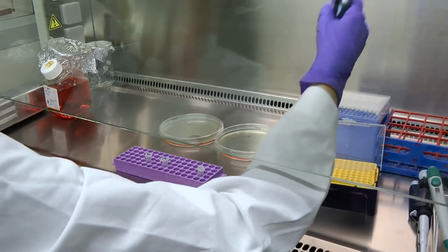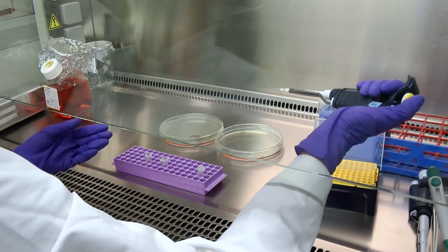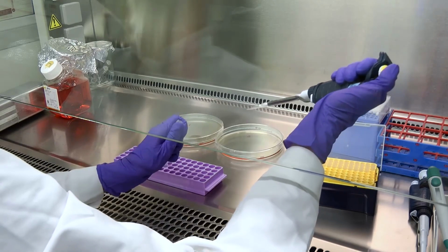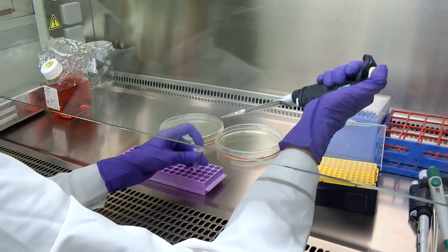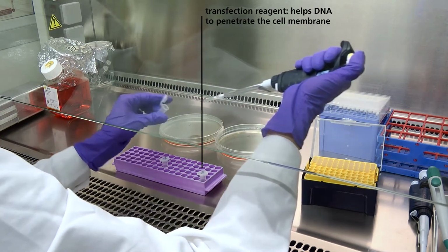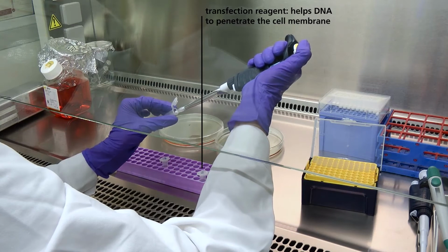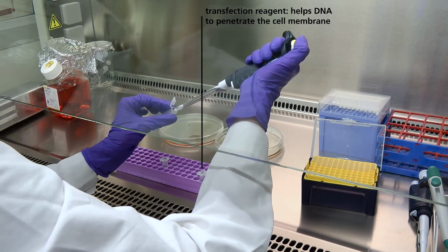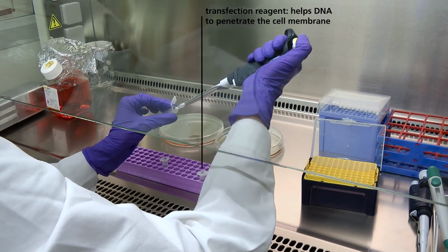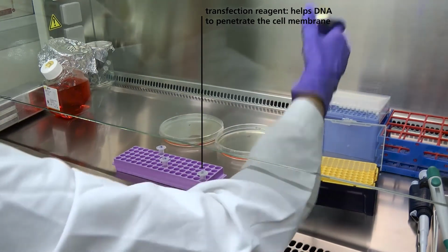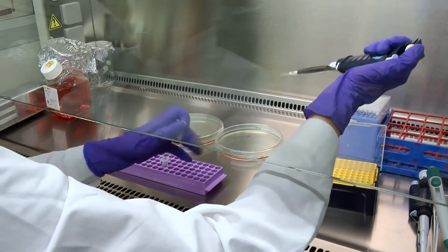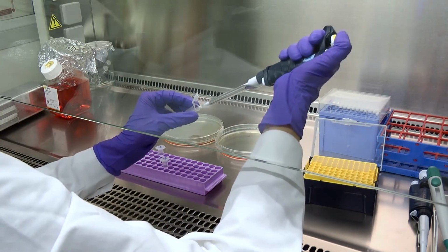So DNA cannot just go into the cell as it is, it has to be coated with a special reagent, with a transfection reagent. So I take a bit of it and add to the DNA sequence, to the DNA mix. Now DNA will be coated with the small particles and will be possible to enter cells and get integrated.